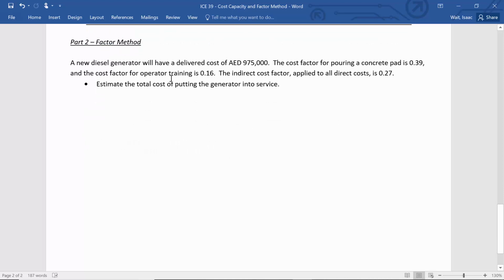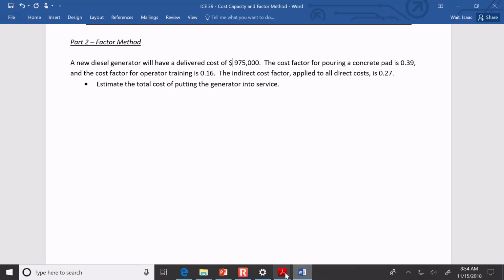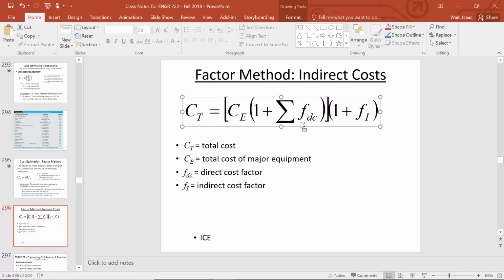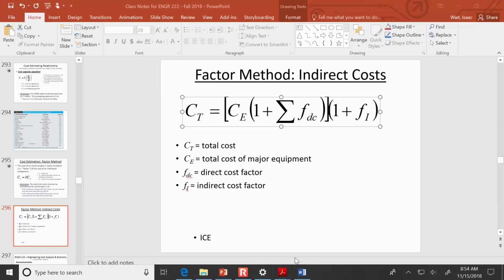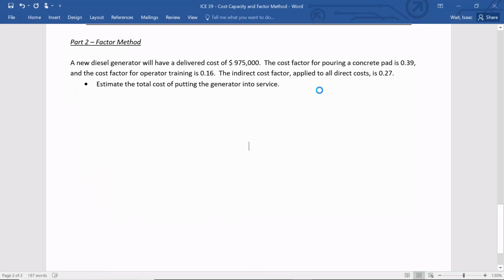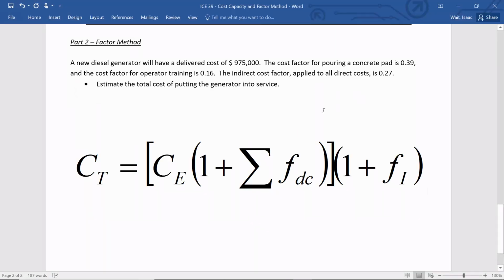So we're saying that a new diesel generator will have a cost of $975,000, and the cost factor for the concrete pad is known. The cost factor for operating training is known. So if we grab this formula, let me paste it in here. The C sub E is the cost that we know. That's $975,000.